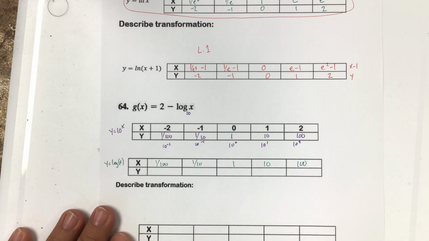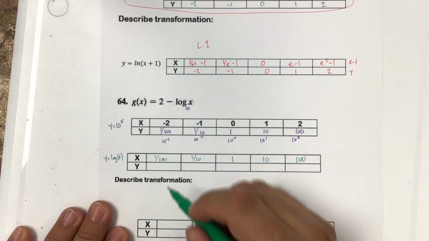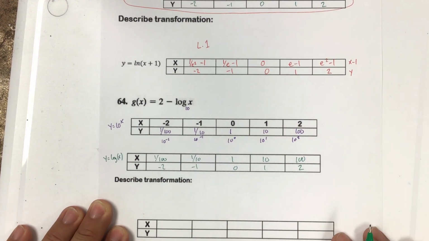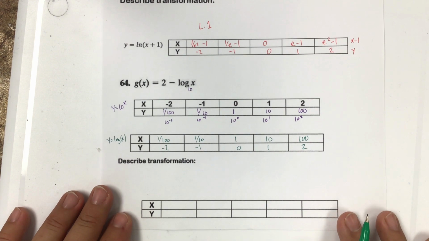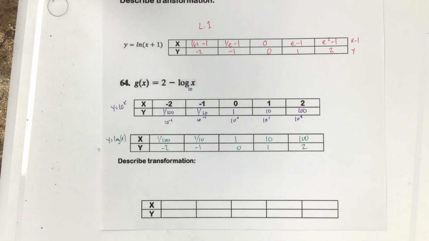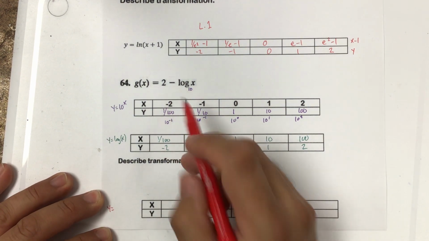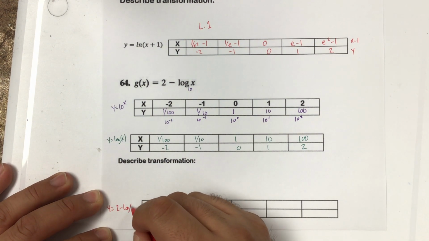What are my new y values? Good. All right. Now I'm assuming the last one, they want this equation right here, y equals this one, 2 minus log of x.